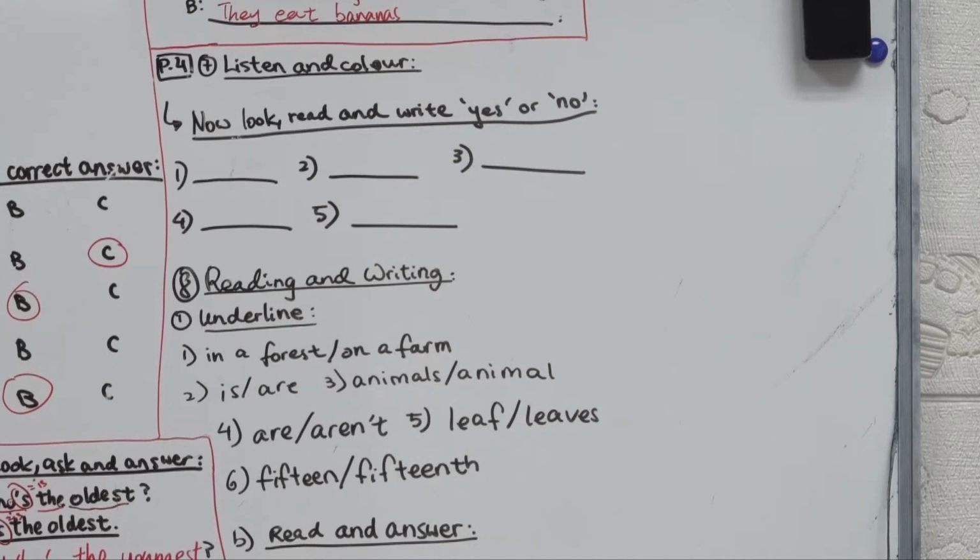Workbook. Unit 1. Cows are fatter than goats. Exercise 7, page 7. Listen and colour. Look at the picture. Now, listen and colour. Look at the duck.